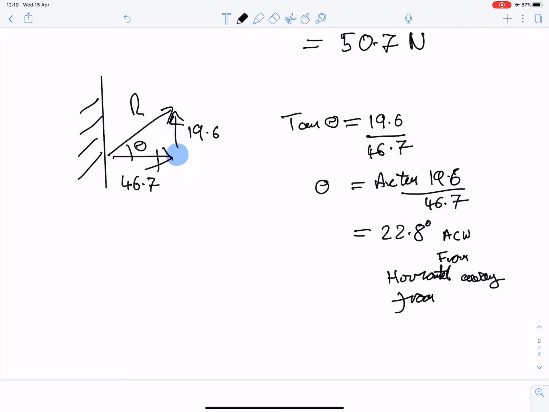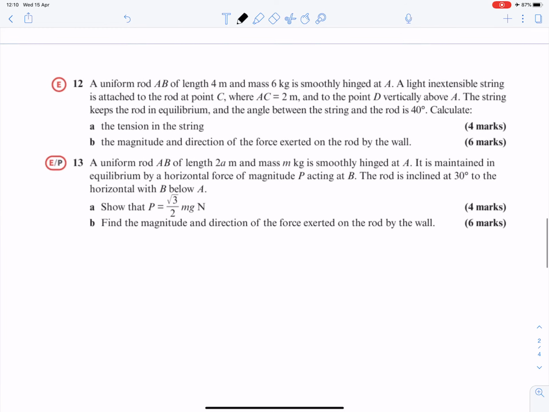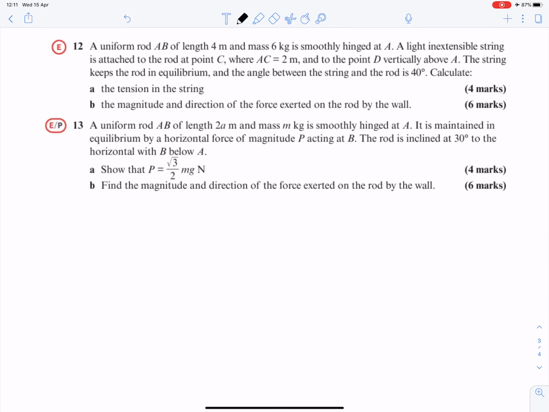Okay, notice how I've added them up. So nose to tail. As usual around here, yeah, it's nose to tail. So that gives, when I add them up, I get this as the direction of my reaction with the wall.